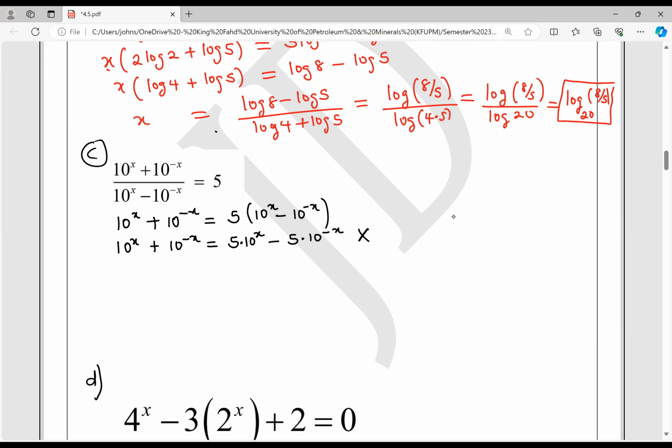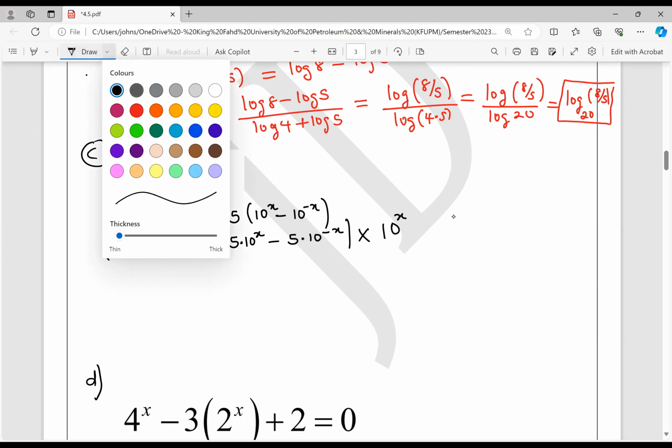This is an equation. You can multiply everything by 10 to power x. Yes, it's okay. You are multiplying both sides.